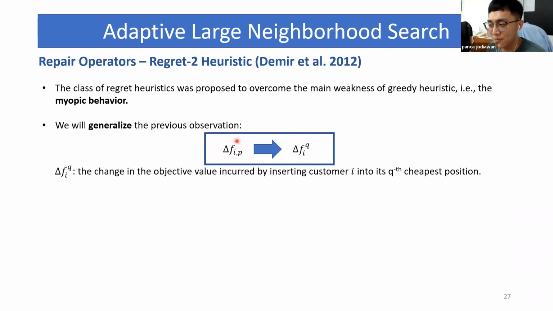So the delta FIP, as you still remember, is the cost change or the objective change if we insert the customer I into the position P. Now we change it into delta FIQ. Delta FIQ is the change in the objective value incurred by inserting customer I into its Q cheapest position. Okay, into its Q cheapest position.